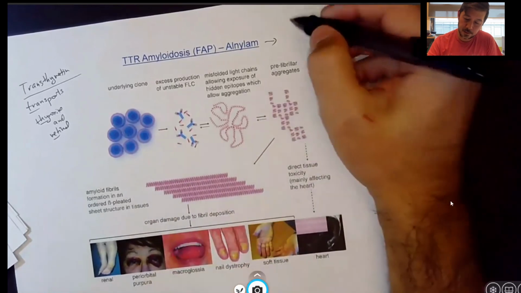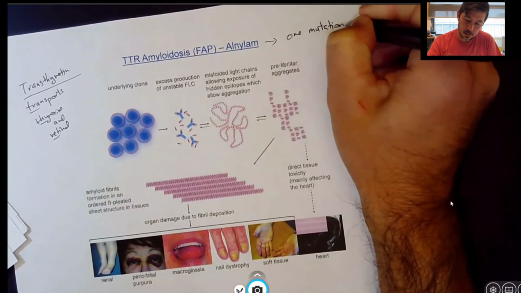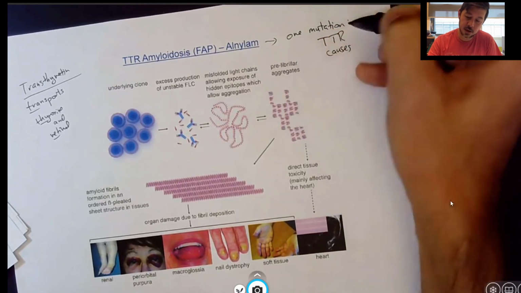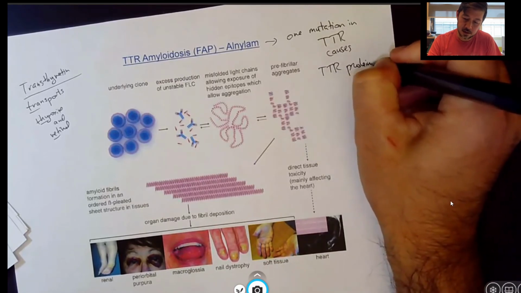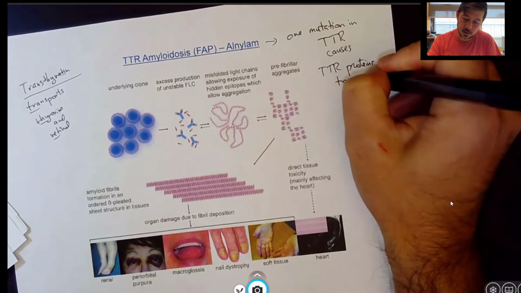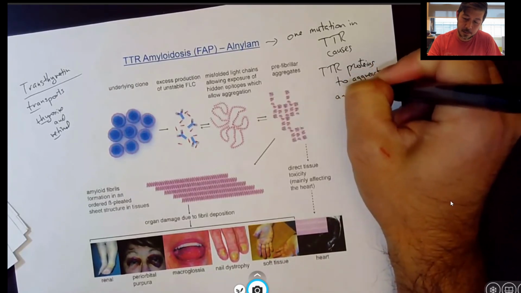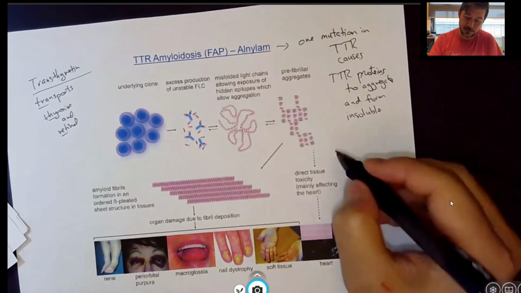So one mutation in TTR causes TTR proteins to aggregate and form insoluble fibers.